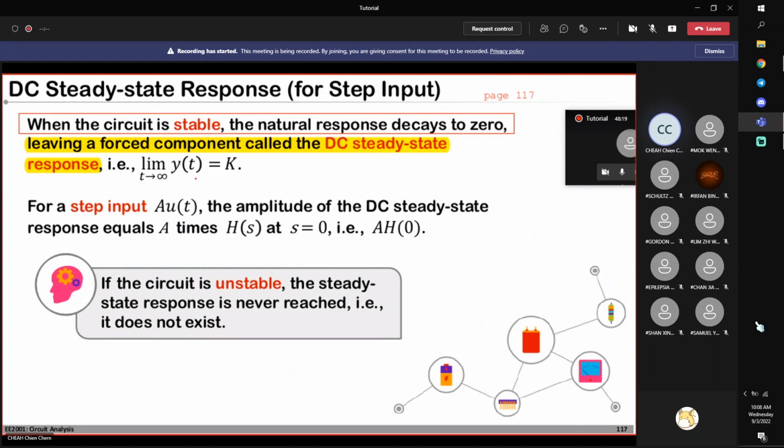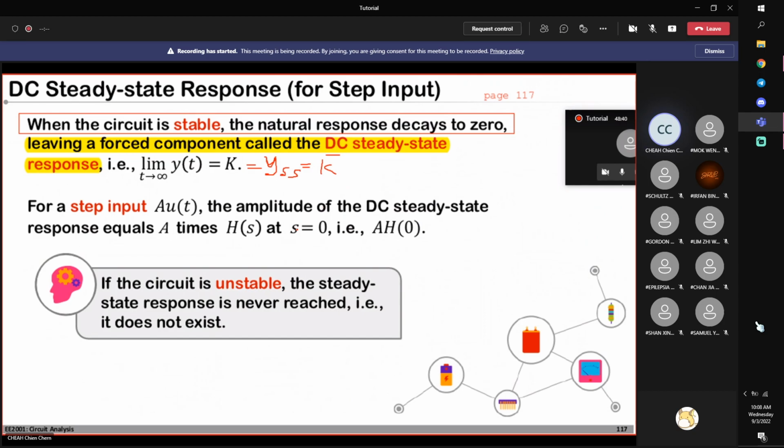So the limits of this go to steady state values. For DC, the steady state value is a constant. So this is what it means. That means we have gone through stable circuits without realizing that they're stable.